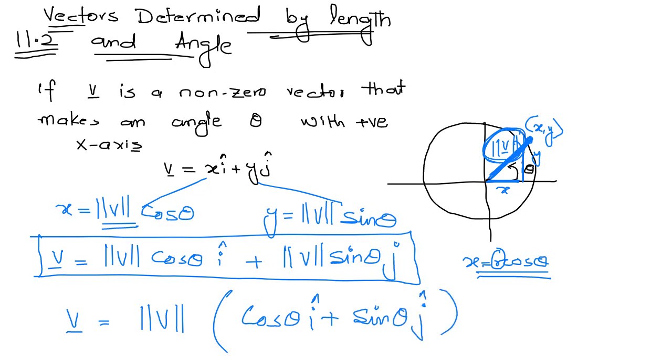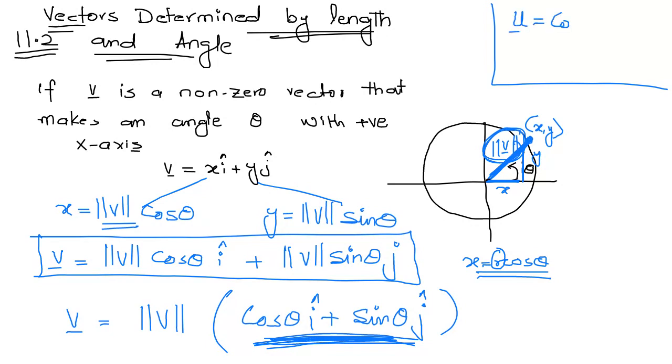So what about this one? This is a unit vector. How can you say this is a unit vector? Take the vector cosine of theta i plus sine of theta j. How do you find the mod of this?